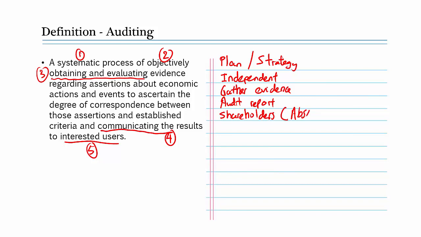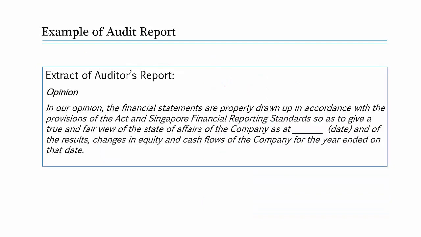Because these absentee owners don't run the company, they need the auditors to audit the financial statements to give credibility to the financial statements. Now we have said that these are the 5 main things in the definition of auditing. We'll now give you an example of an audit report, which is the communication of the result to the shareholders.